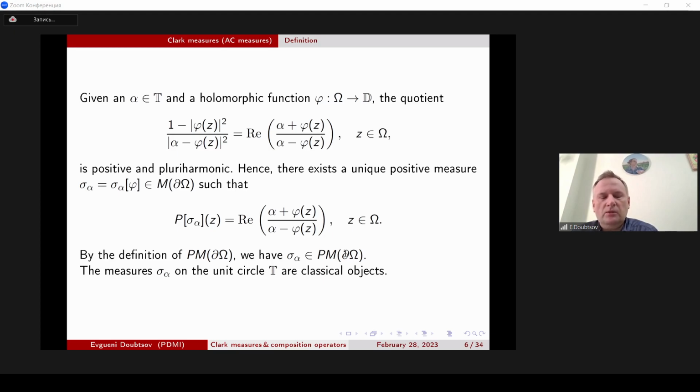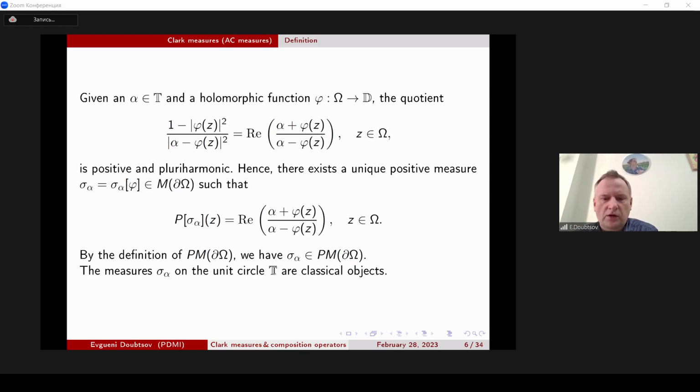And, well, later Alexei Poltoratski has obtained even more interesting results and applications of this object. But anyway, during this talk, I will say that the measures under consideration, those measures sigma alpha, are just Clark measures in one variable or in several variables as well.